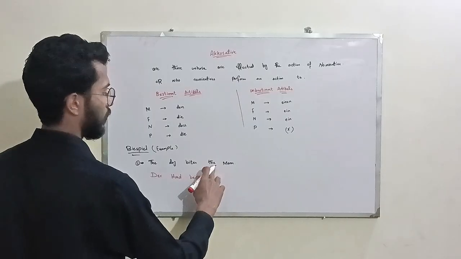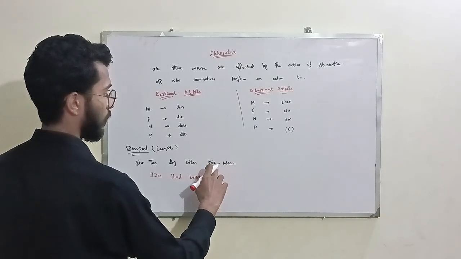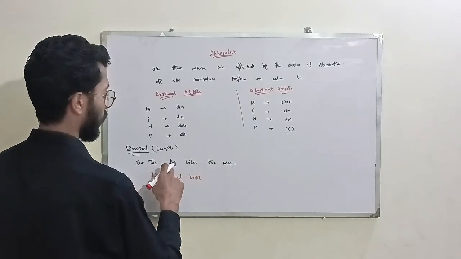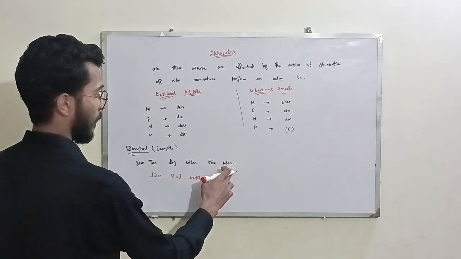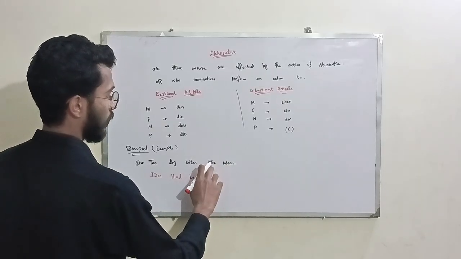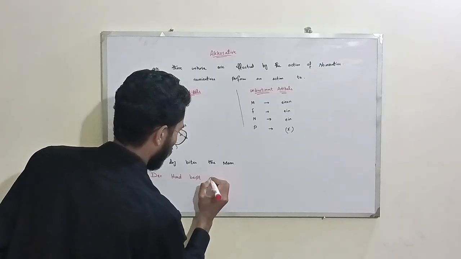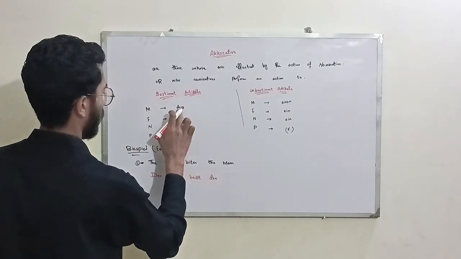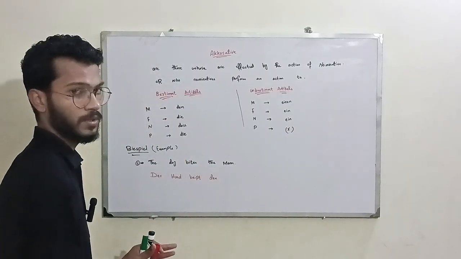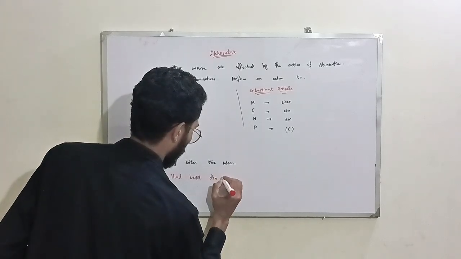The article changes because the dog performs an action on the man. So the article of man changes into den article because man is masculine, den Mann.